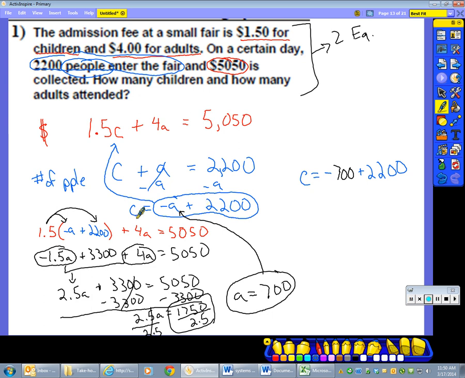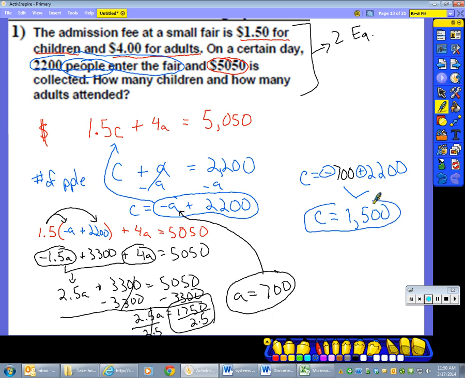I'm just using this one because it looks easiest. So now I'm going to take a negative 700 and a positive 2,200. Whenever I combine those, I end up with c equals 1,500, because I subtract since my signs are different, and I have more positives, so that's why it's a positive answer.